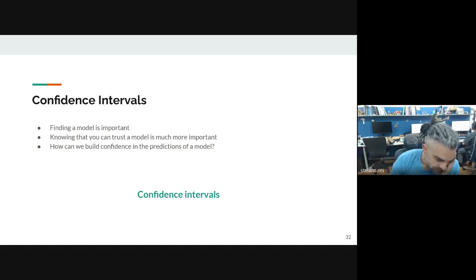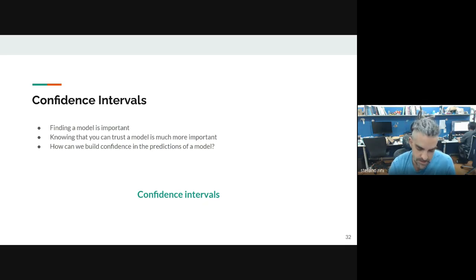Now, there is something very important to discuss here, which is the confidence interval. What we discussed so far is the fact that we were able to find a model. That is, we were able to find the theta values that minimize the loss for a certain model when approximating the input-output relationship between your entries in the dataset.